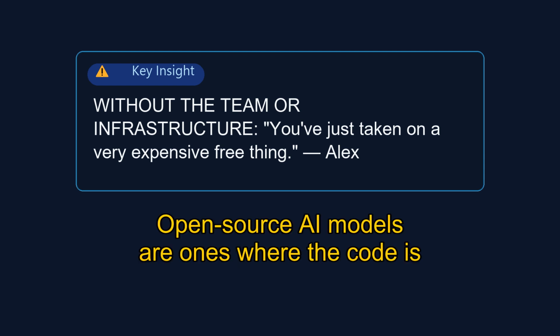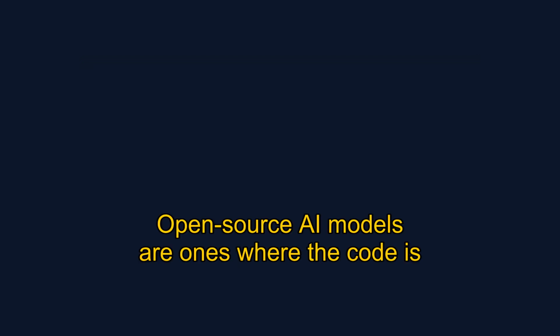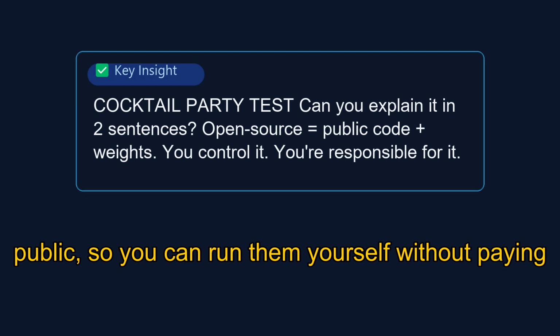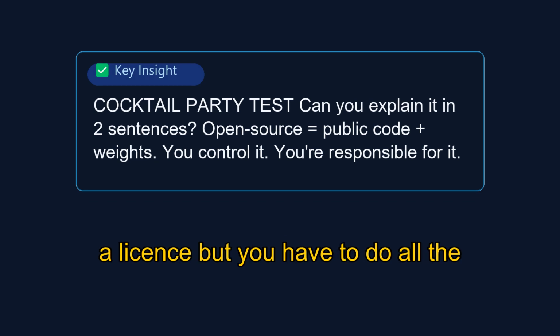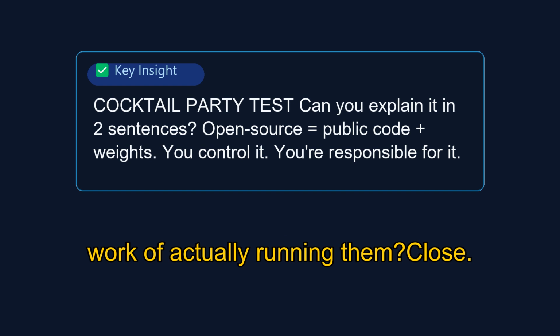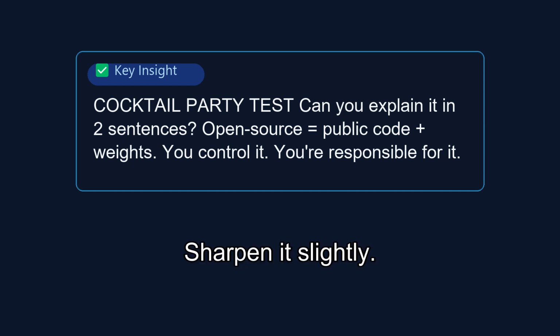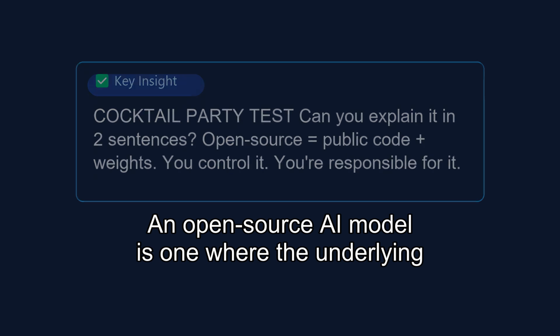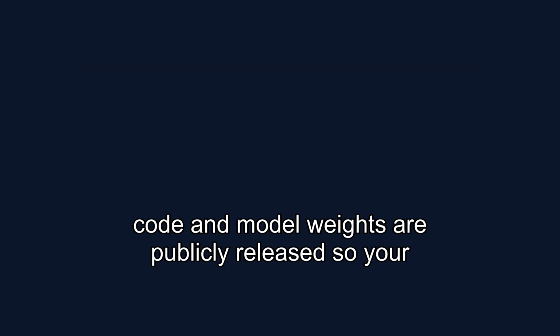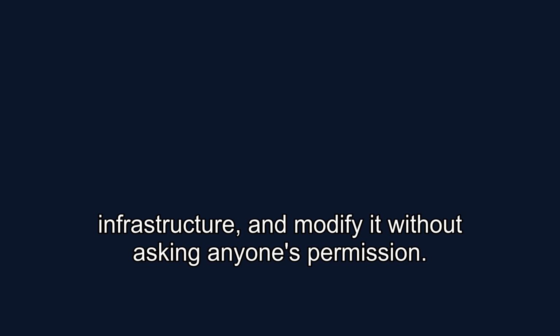Okay, let me try this. Open source AI models are ones where the code is public, so you can run them yourself without paying a license. But you have to do all the work of actually running them? Close. Sharpen it slightly. An open source AI model is one where the underlying code and model weights are publicly released, so your organization can download it, run it on your own infrastructure, and modify it without asking anyone's permission.